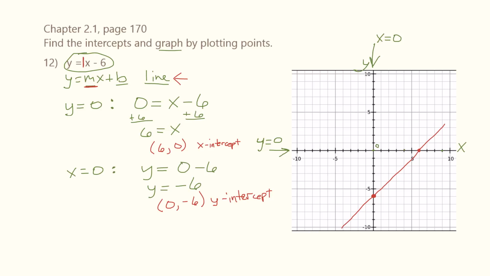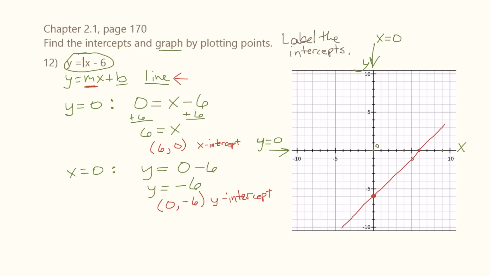The last thing we need to do, because I didn't write all of the instructions, I skipped the part that said be sure to label the intercepts. We have already drawn the intercepts, but we need to label them.